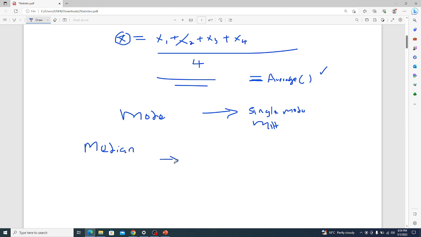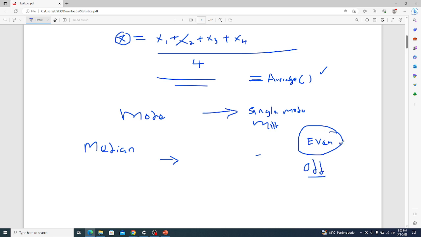Under median, we say that median is the middle value of an ordered list. But it is not always the case. Why? Because median depends on the number of values. The number of values might be even, or it might be odd.